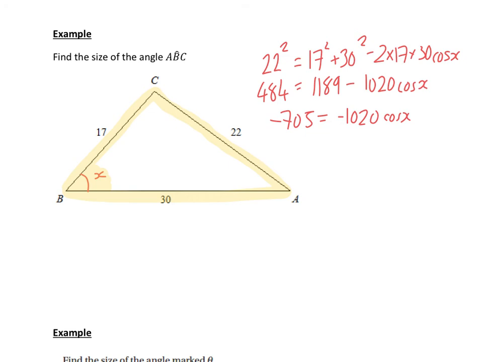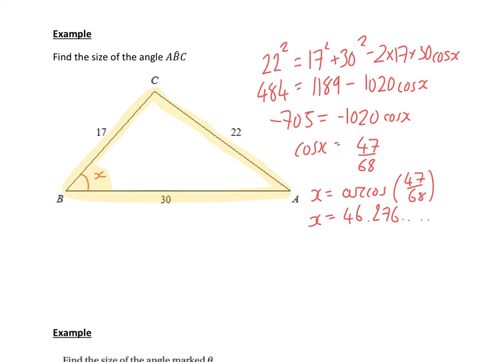I'm going to divide both sides by minus 1020 to get cos x is 47/68, and to get x, I'm going to do the inverse of cos, so arc cos 47/68. To get x is 46.276, and again, all my information's two significant figures, so I'm going to do 46 degrees. Two significant figures is my final answer.